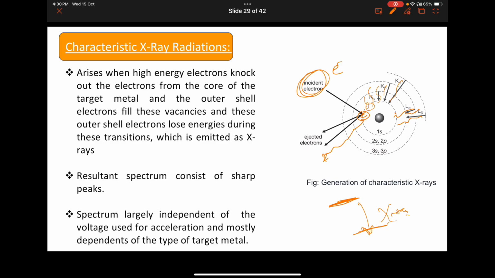These X-rays give very sharp peaks because the energy gap between two shells is quantized in nature. And the spectrum is mostly dependent upon the metal we are using. Depending on the metal target, they would have different L, M, N spacing, so we are going to get different energies of X-rays.